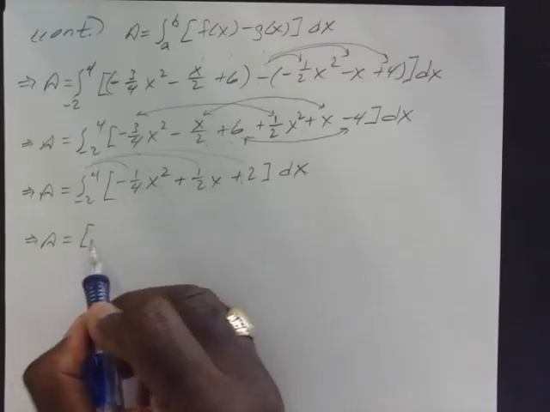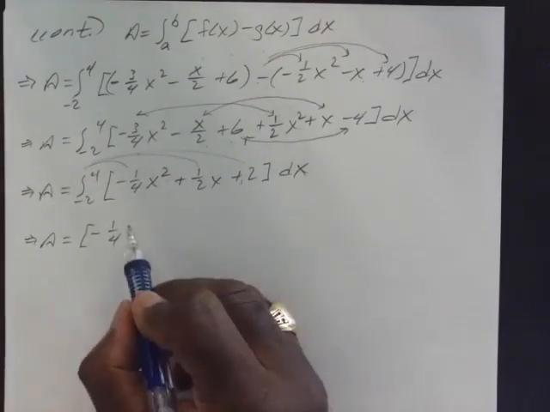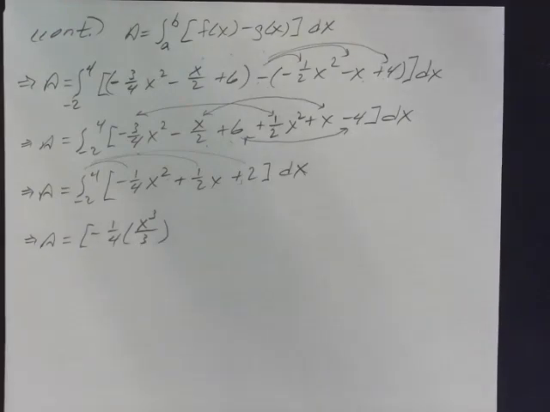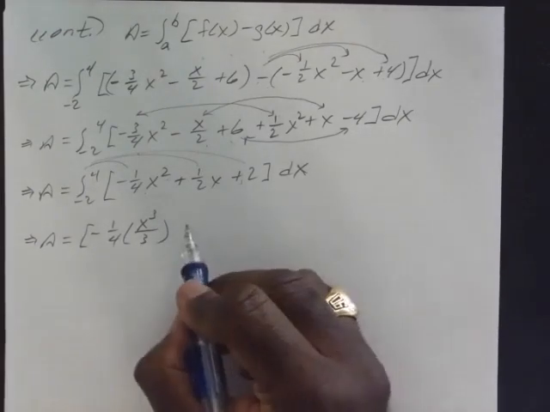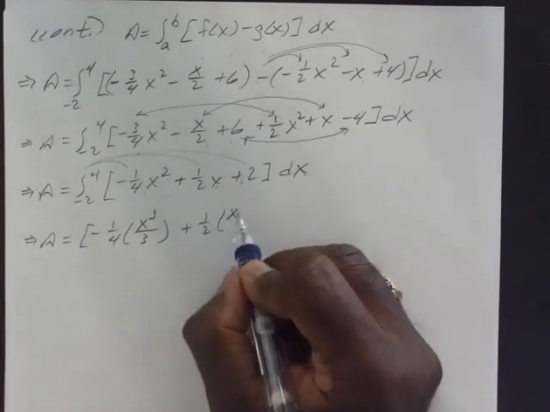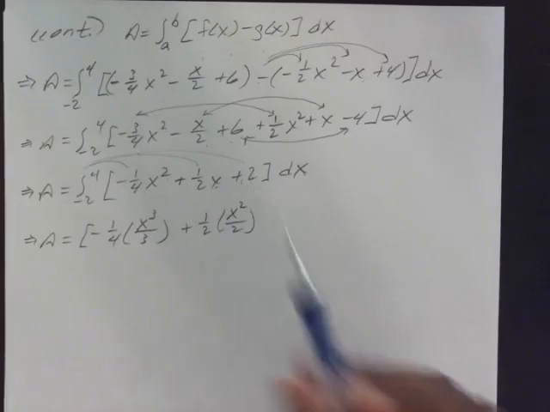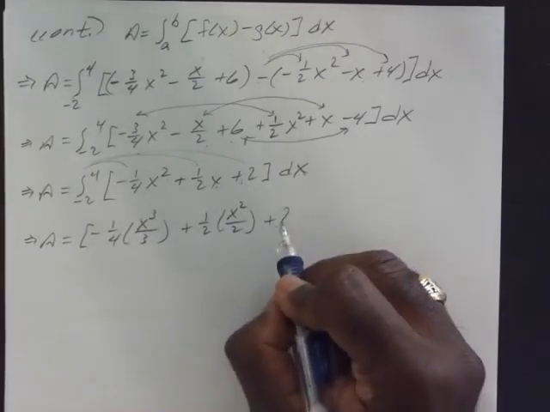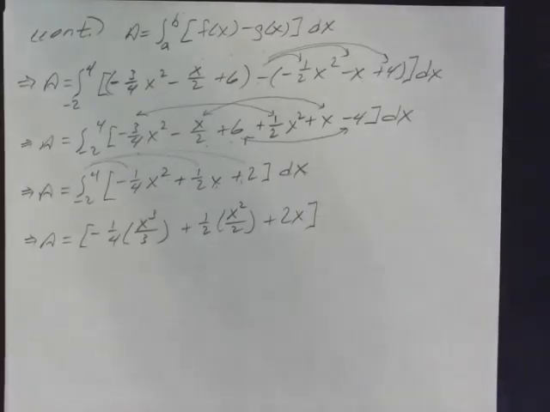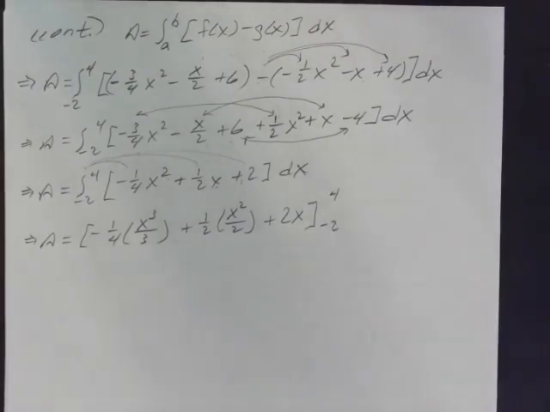Okay, so we have negative 1/4 times the integral of x squared, which is x to the 3rd power over 3, plus 1/2 times the integral of x, which is x squared over 2, plus the integral of a constant is just that constant times the independent variable. That's from x equals -2 to x equals 4.